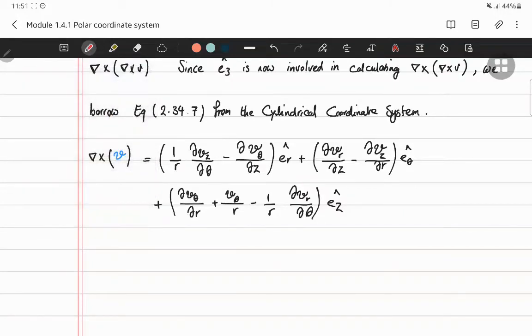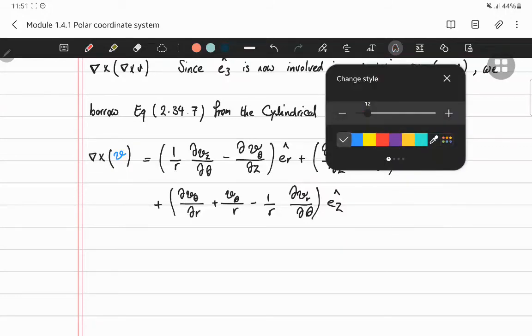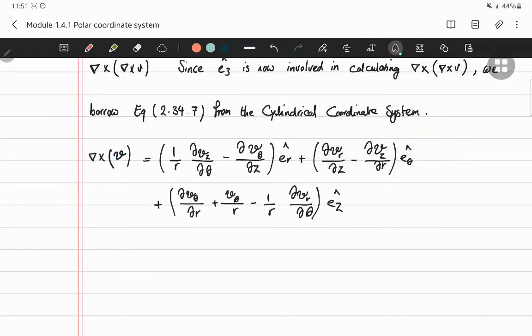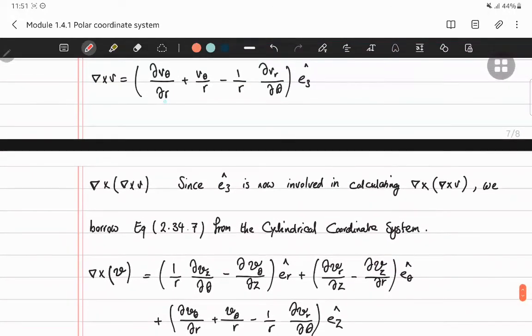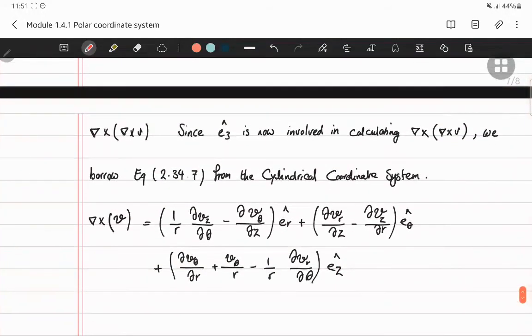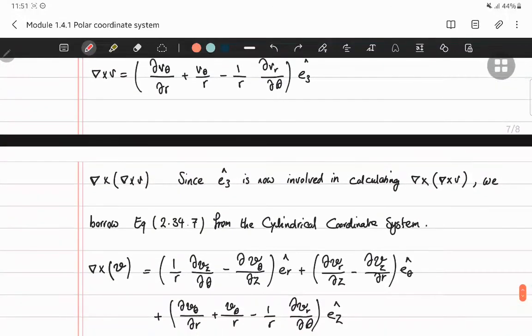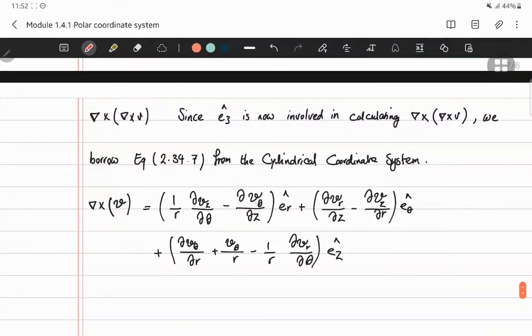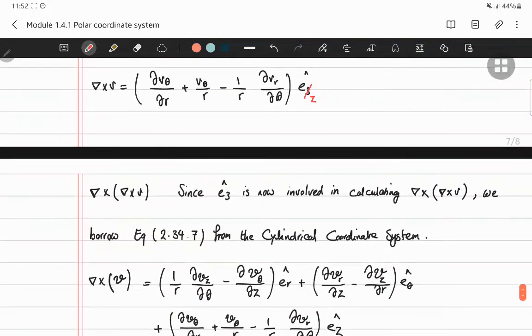All right. So we know here that our expression is not a function of ez, which is e3 here, same as 3 here. Maybe I can write this as z, all right? So we know that v theta is not a function of z, so this is 0.